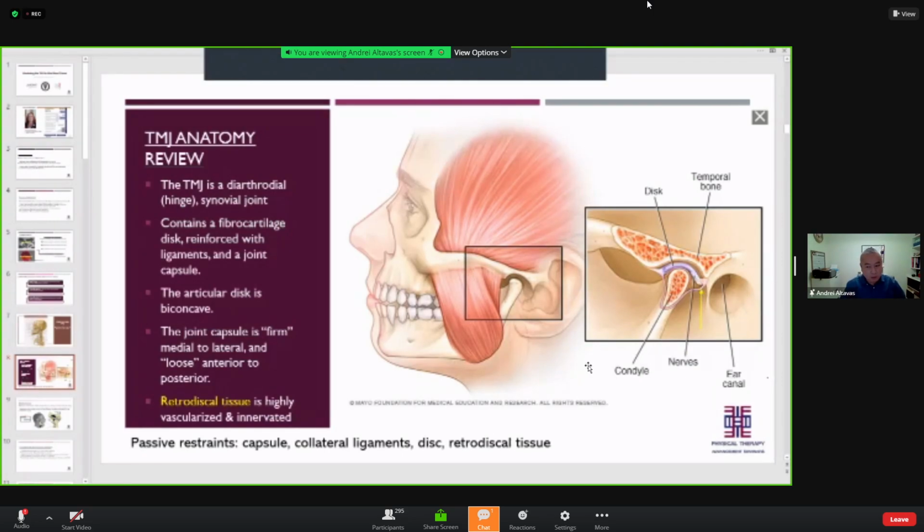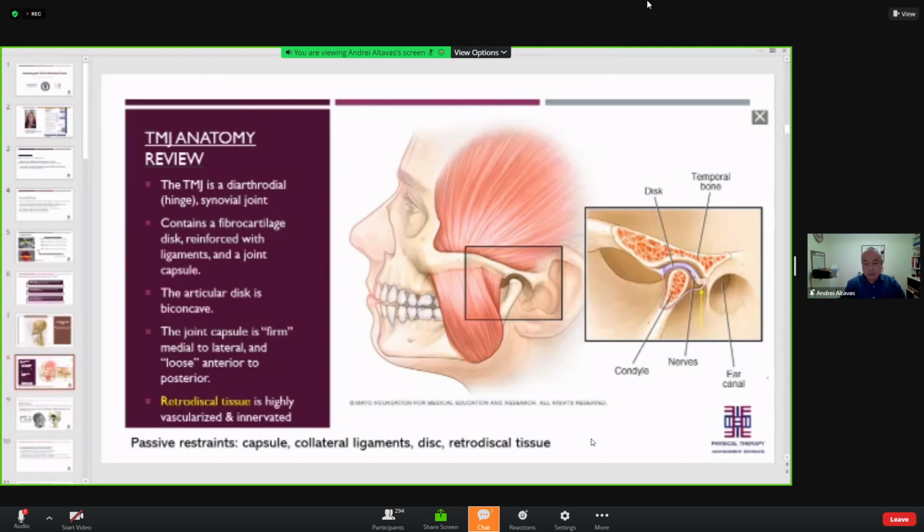So our question now is, which part of the TMJ is nociceptive? Based on pain management studies, they found that the retrodiscal tissue is highly vascularized and innervated. Your retrodiscal tissue connects to the posterior part of the disc and attaches here.